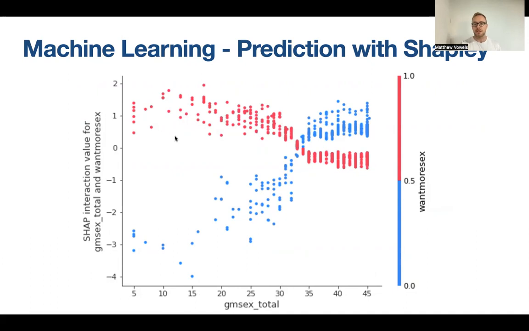And this is an interaction. You can see that depending on which group you're in, whether you want more sex or not, the relationship between sexual satisfaction and the level of dyadic desire changes. And there's quite a nice crisscross pattern here that's quite clear and high in signal in the data. So this is almost a textbook example of an interaction plot in Shapley, and you can obviously draw some conclusions about this as well.